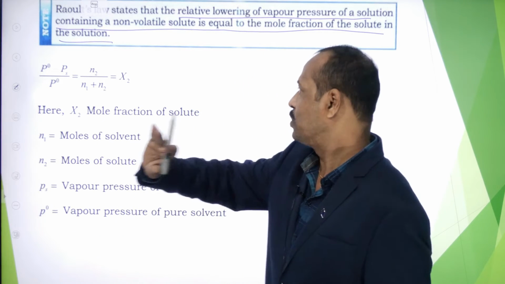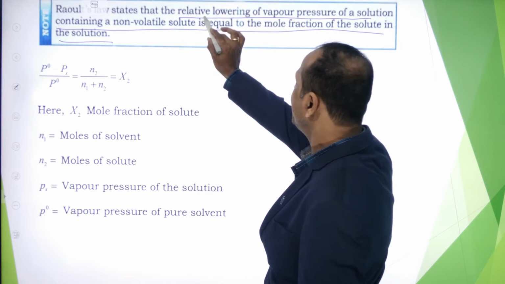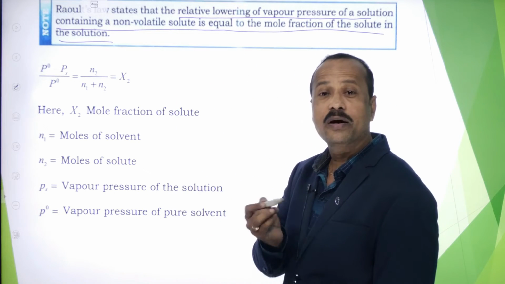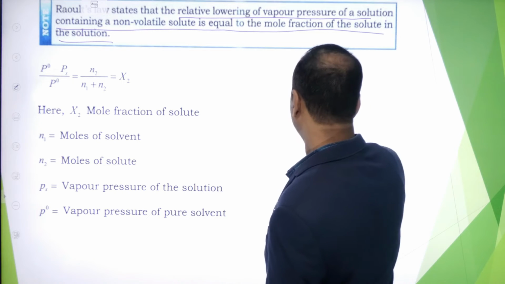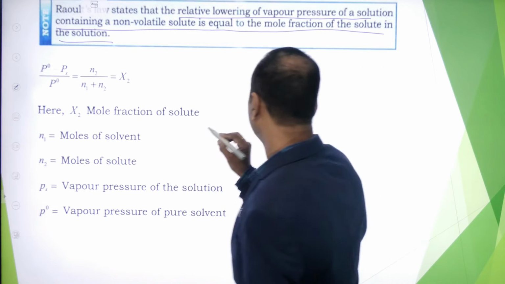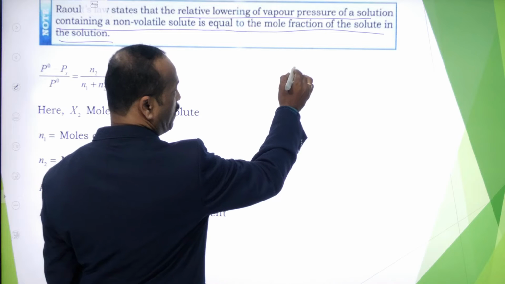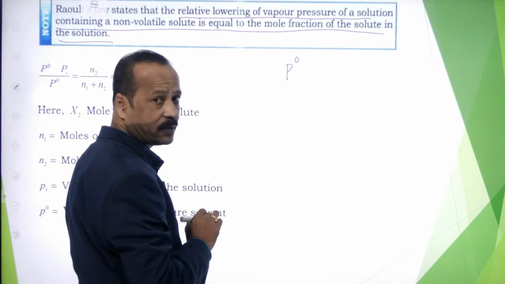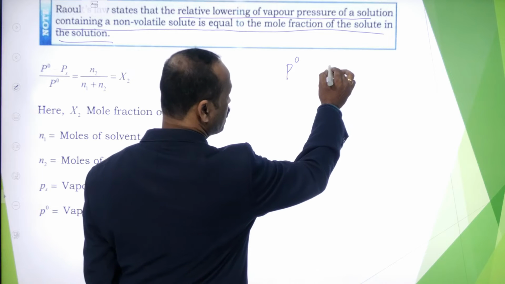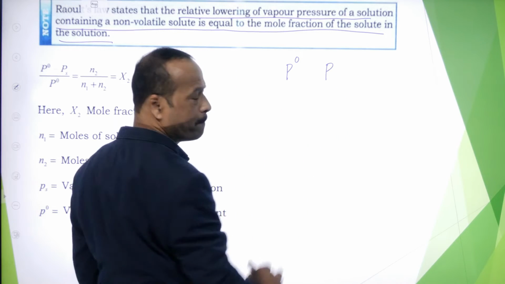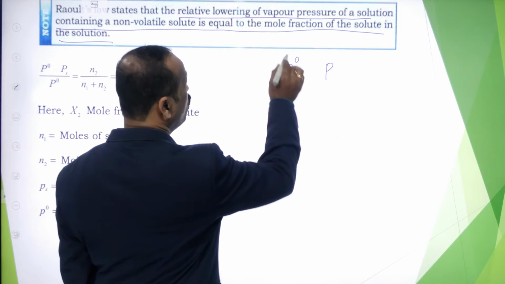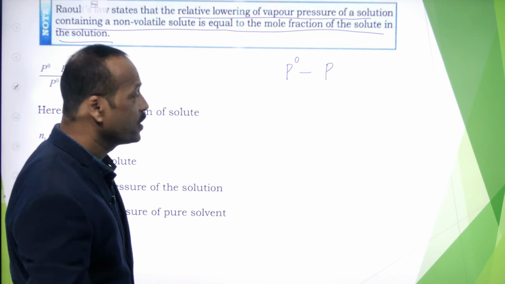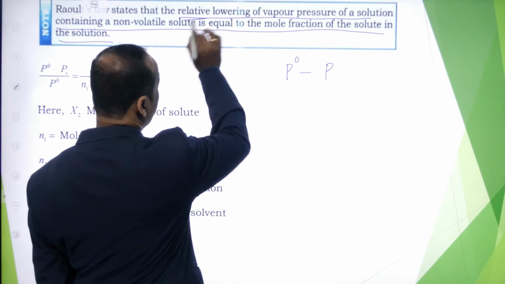So here, what it states is the relative lowering of vapor pressure. Just now we discussed the lowering of vapor pressure. In the previous slide I showed that the vapor pressure of the pure solvent is P naught, and the vapor pressure of the solution is P. Lowering of vapor pressure means you subtract. But here it is given as relative.